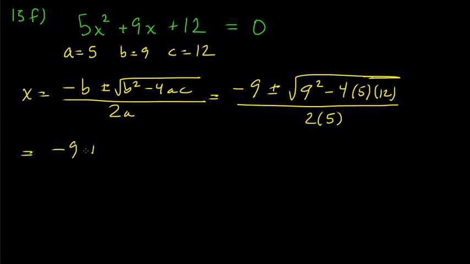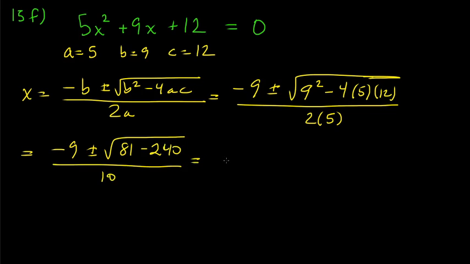So negative 9 plus or minus the square root of 81 minus, let's see, 20 times 12, I believe is 240, all over 10. And 81 minus 240, I'm going to bring up a calculator because I can't do that in my head here.